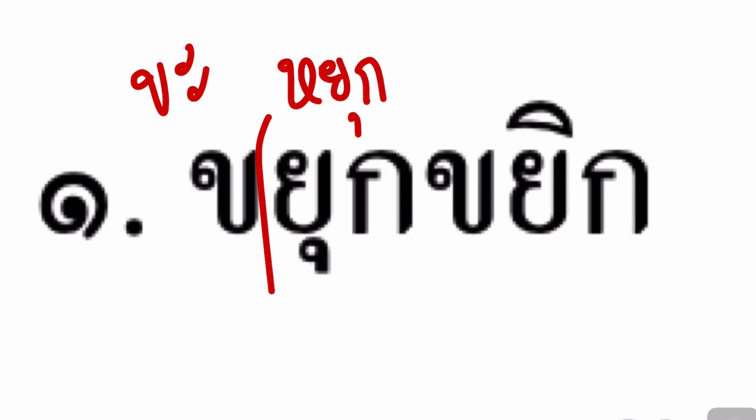So let's see. Ka, yuk, ka, yik, kayuk, kayik. Now that's a cluster because you see rorua after kokwai.